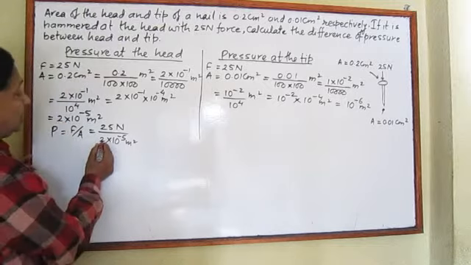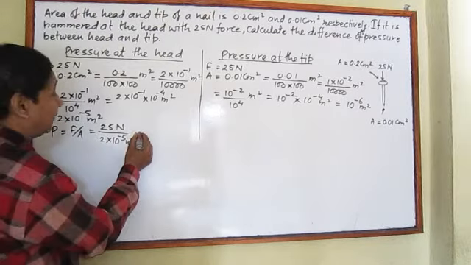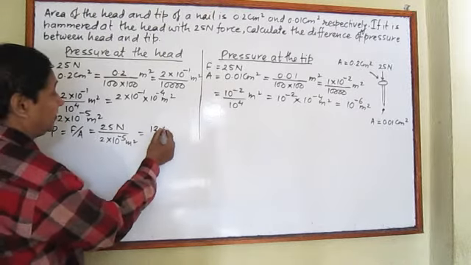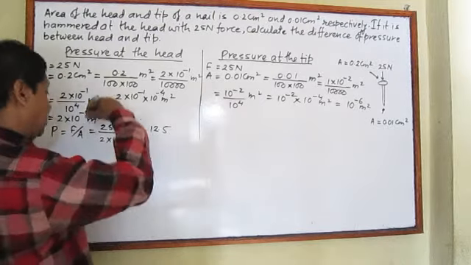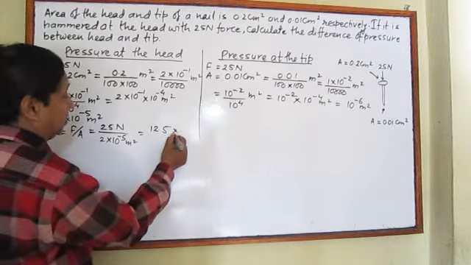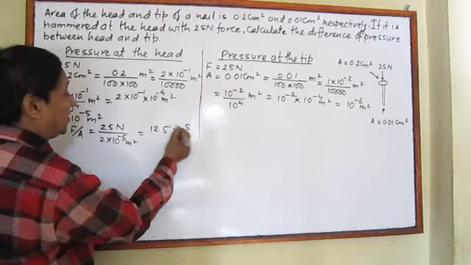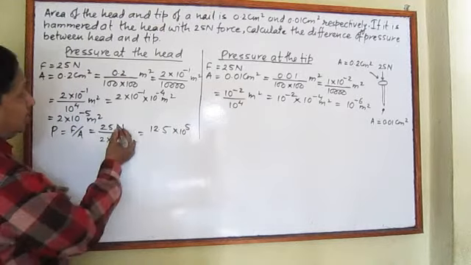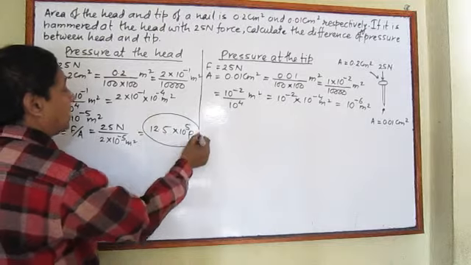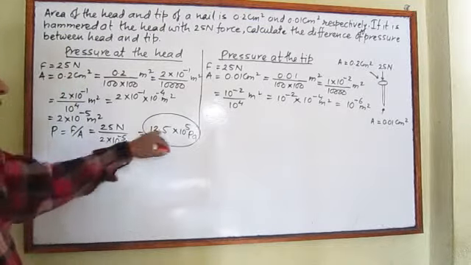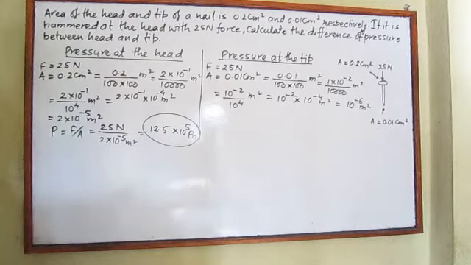When 25 is divided by 2, it becomes 12.5, and 10 to the power minus 5, if taken to the numerator, becomes 10 to the power positive 5. Newton per meter square is Pascal. That's why the pressure on the head will be 12.5 into 10 to the power 5 Pascal.